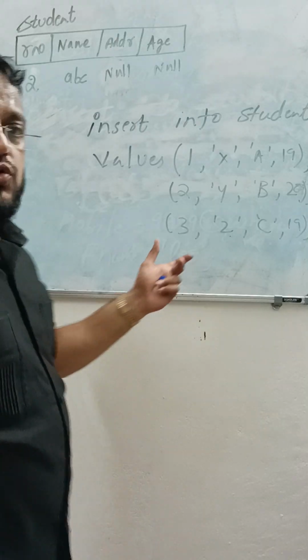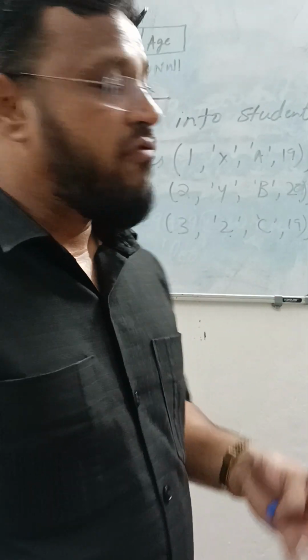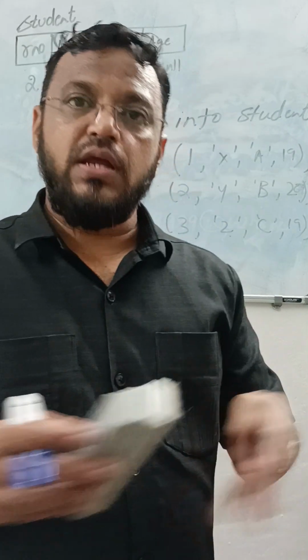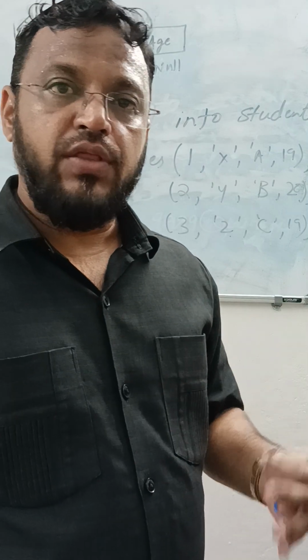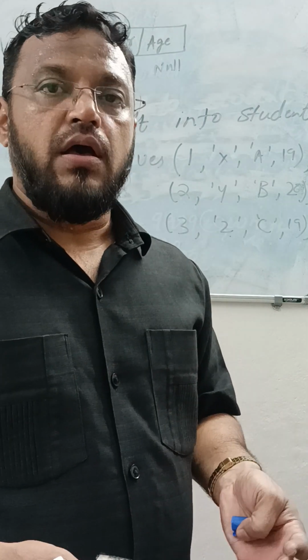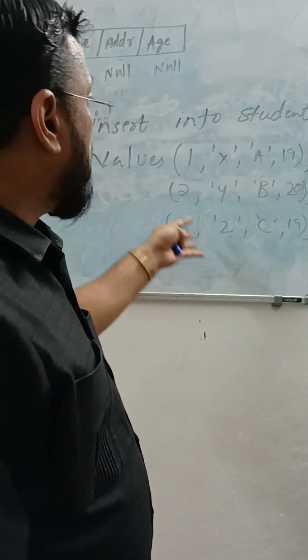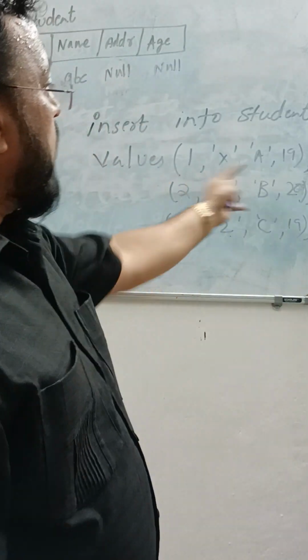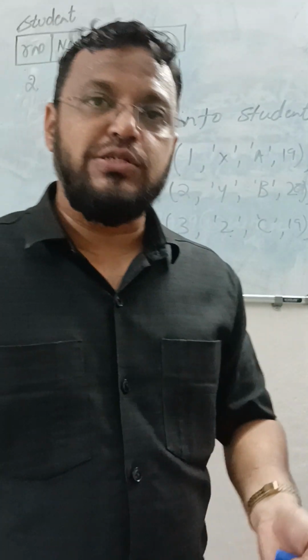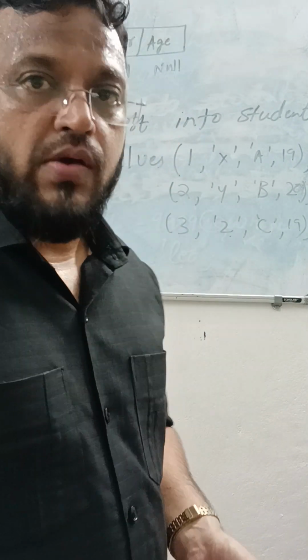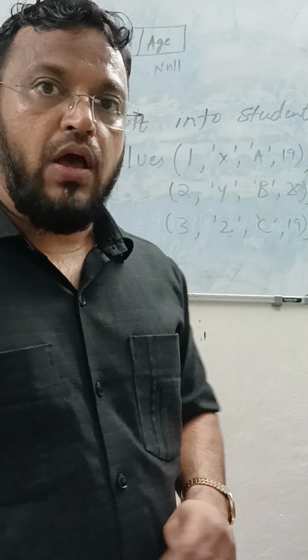So like this will also work. Here in one insert statement we are entering information of 3 students. So like this also we can do. You can pass multiple values like this. I hope it's clear.